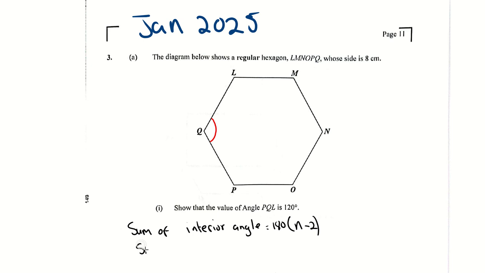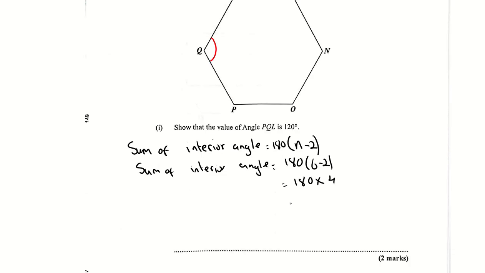So the sum of interior angles would be 180 by 6 minus 2, which is 180 multiplied by 4, which should be 720. It's equal to 720 degrees.